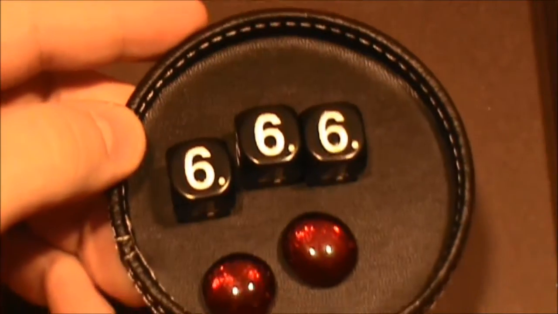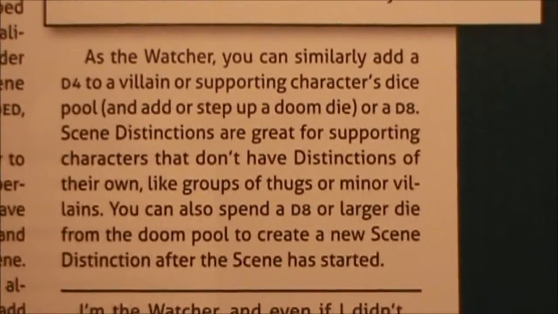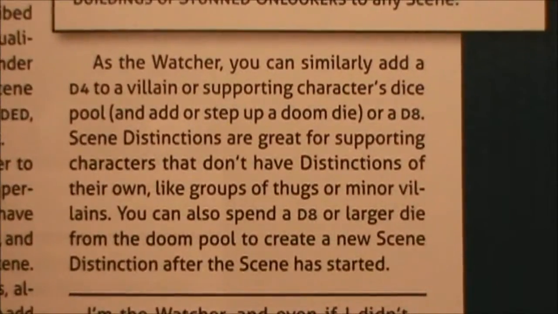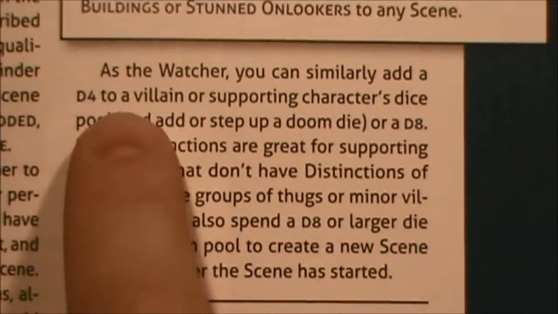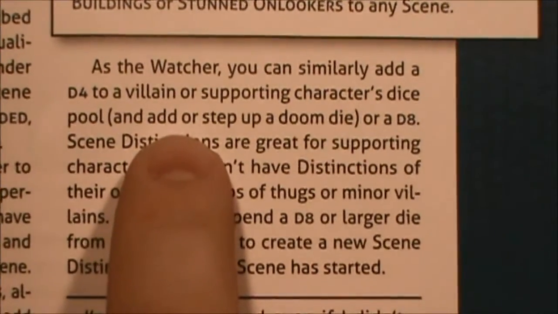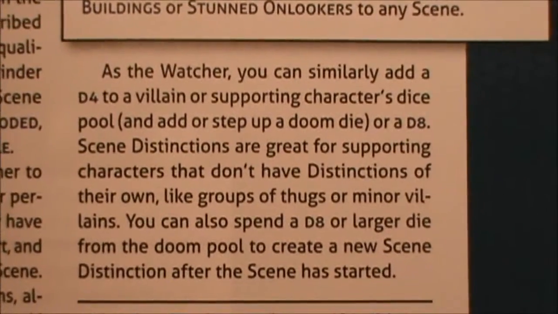Let me quickly double check that. There it is. As the watcher, you can also choose to add a D4, and if you use the lower die, you get to add a die or step up a doom die. So we're going to add a die there and make it 3d6.